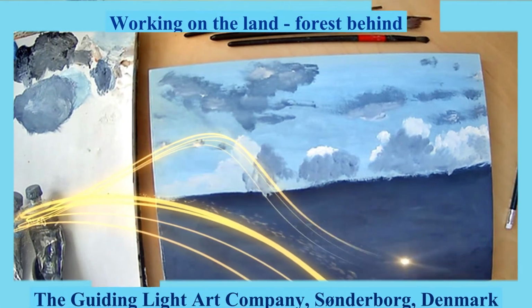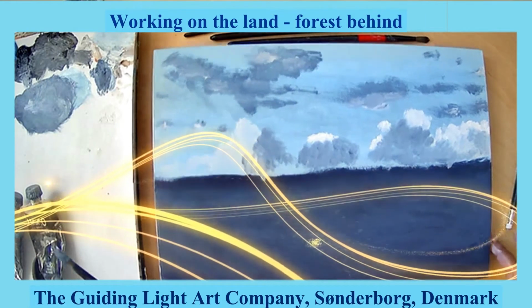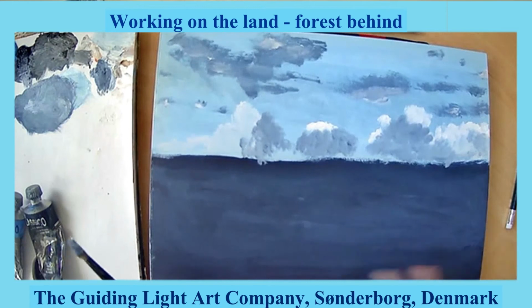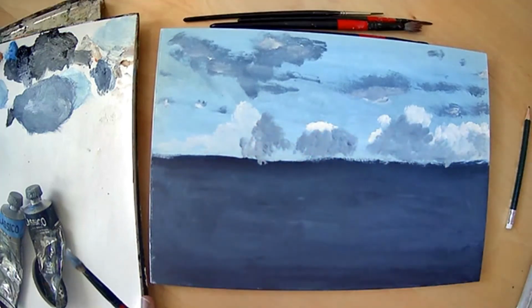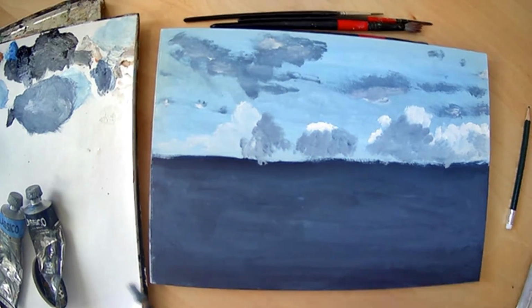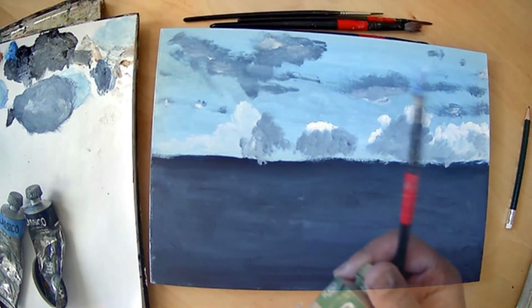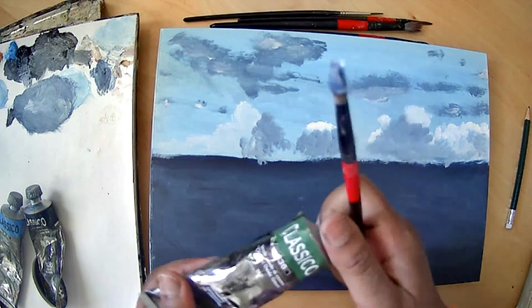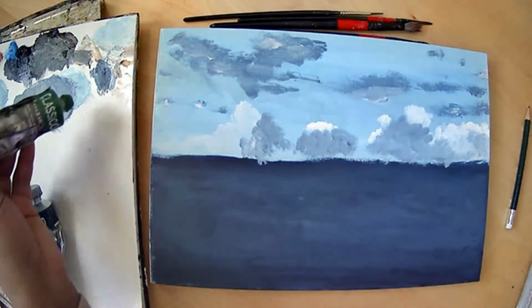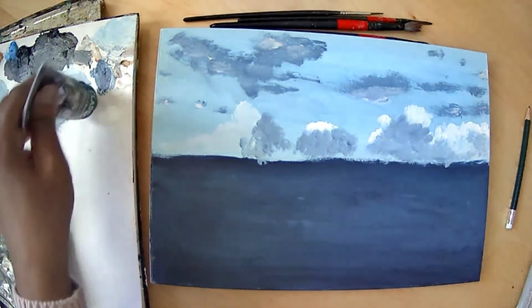And now for some interesting portions of green to go with that, which will show the forest behind. For that, I think we took chrome oxide green. I'll take a bit of that.